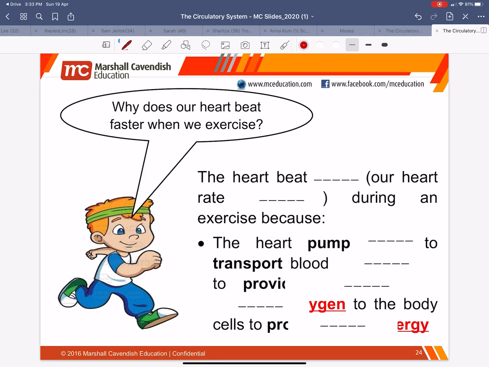Last but not least, why does your heartbeat rate need to go up when you exercise? We have answered this previously. This is just a summary.